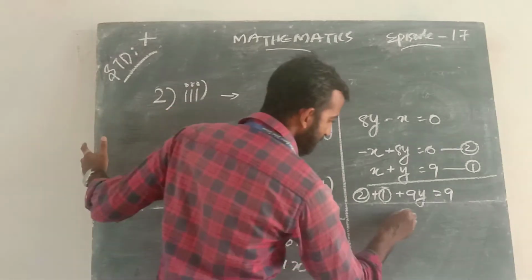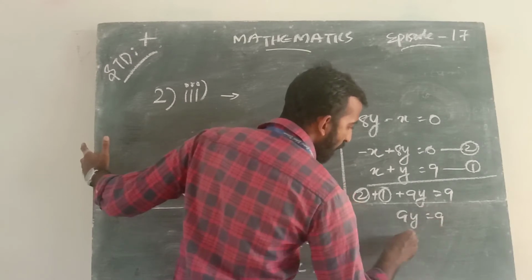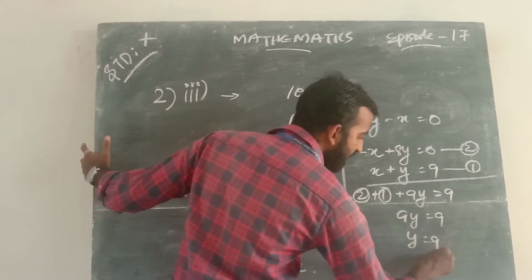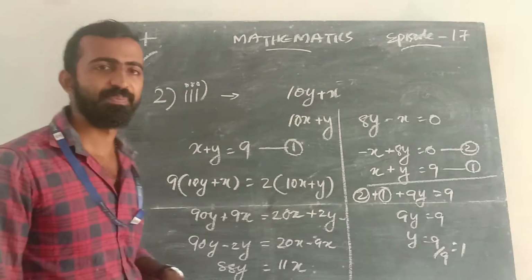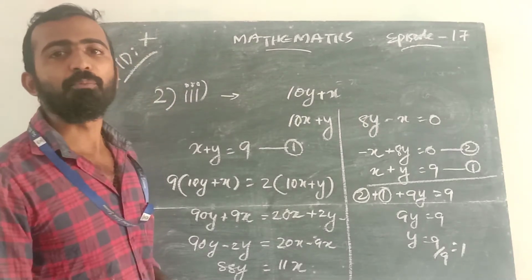That is 9y equals 9, so y equals 9 by 9, that is 1. Y is 1.